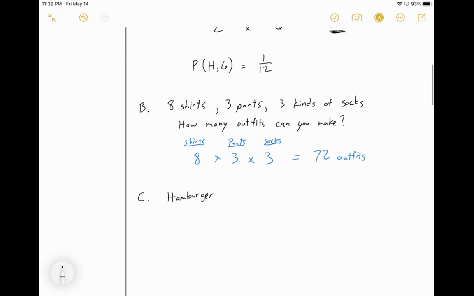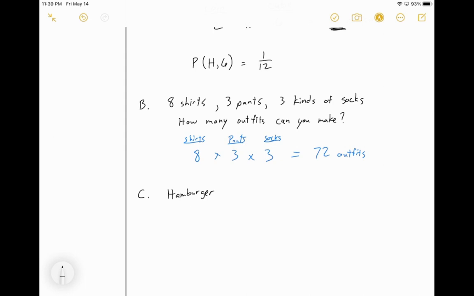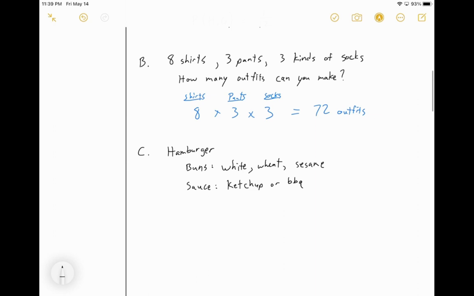You've got 3 kinds of buns: you can get white or wheat, or maybe a sesame. You can get 2 types of sauce: you can either get ketchup or barbecue, and let's just pretend that you can't get the other one. And 3 types of cheese.